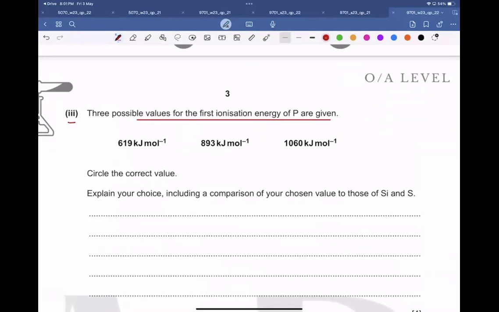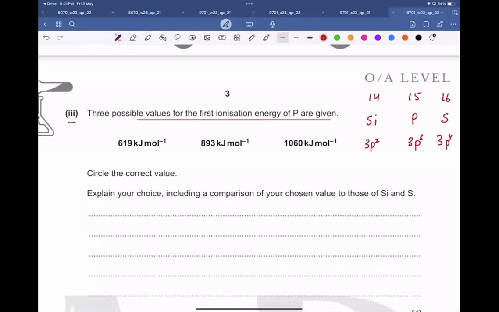If you see the groups, group 14, group 15, group 16, here we have silicon, here we have phosphorus, here we have sulfur. The outermost subshells are 3p2, 3p3, and 3p4.